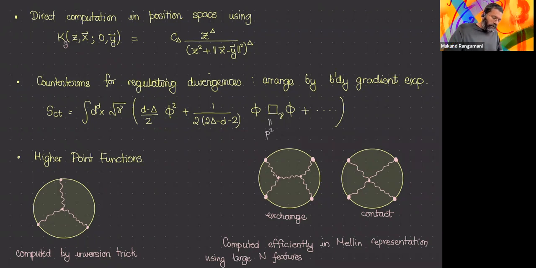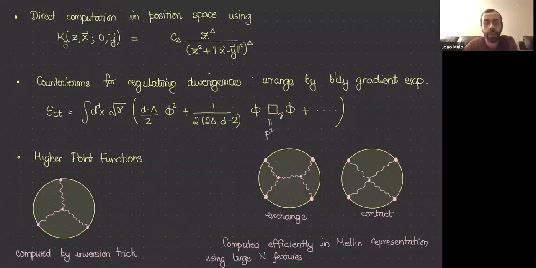And I'm just organizing it order by order in powers of momentum. And there's a nice organizational principle that you can systematically try to compute these coefficients, which are all that you need to know to get finite answers.